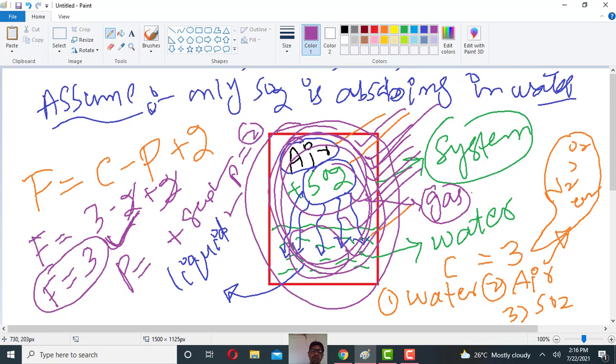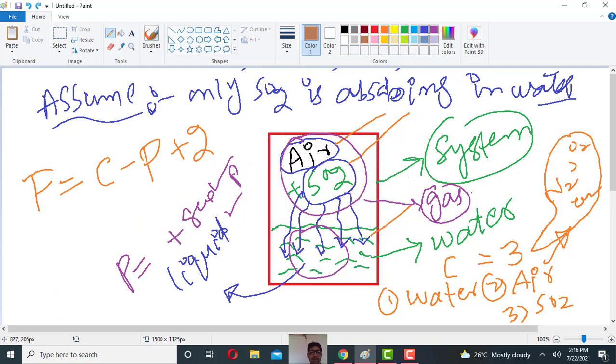So we need 3 independent variables to completely define this system. Now what can be the 3 independent variables?